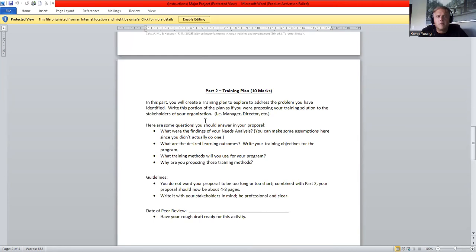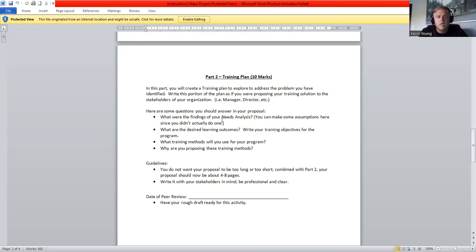Then, part 2, training plan. In this part, you'll be designing a training plan to address the problem you have identified. Write this portion of the plan as if you were proposing the same idea to a manager or director. Here are some questions you should answer in your proposal. What were the findings of your needs analysis?